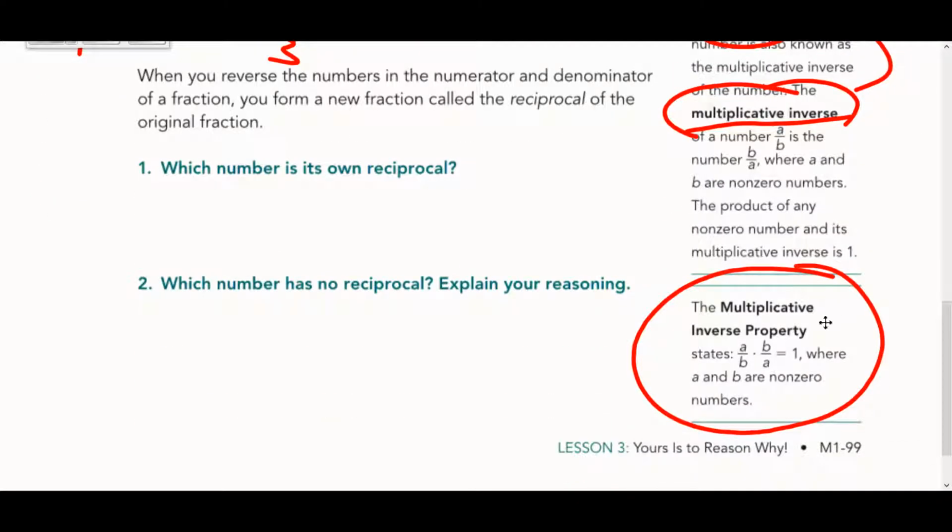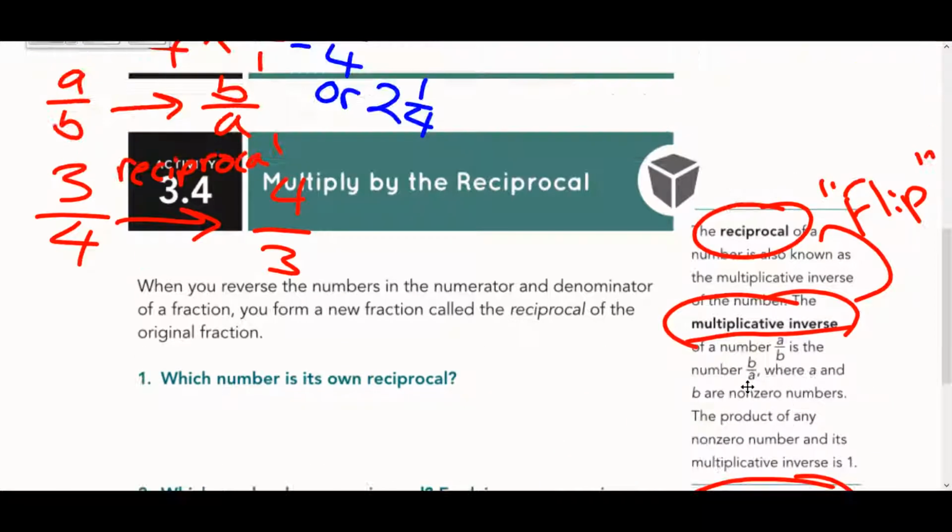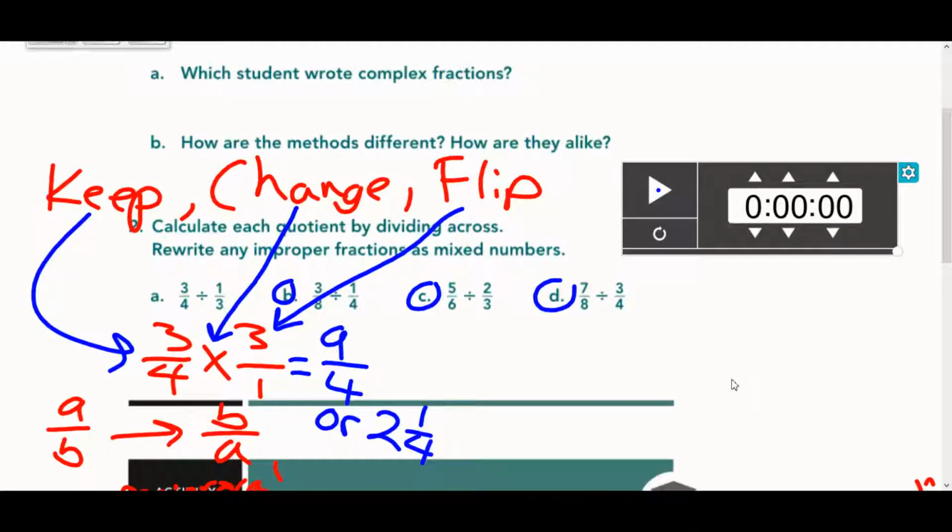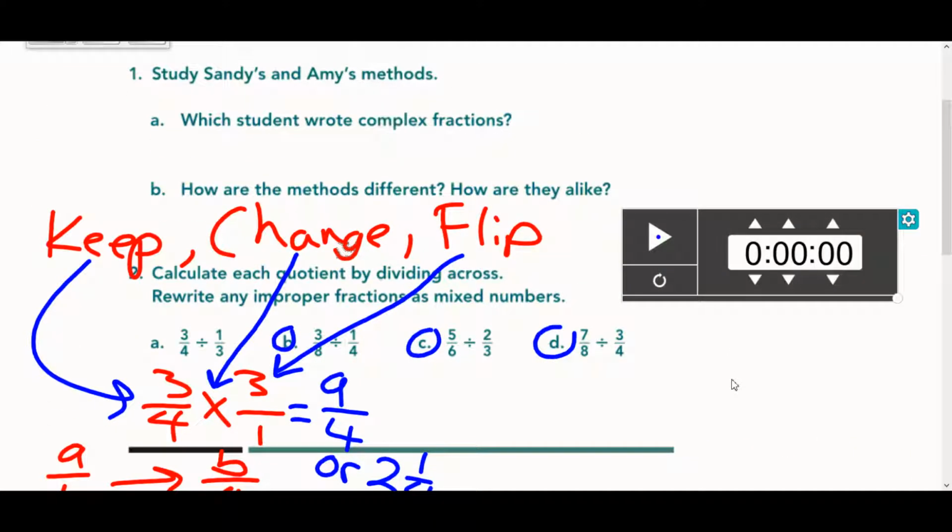Now, there's this property that says if you multiply a number times its reciprocal, you get 1. If you want to look at the next page, they go into a great explanation of why that's important, but we're not going to worry about that today. What we want to know is, how does a reciprocal help us? Well, if I have this division problem, 3/4 divided by 1/3, what I can do is keep, change, flip. I'm going to keep the first fraction.